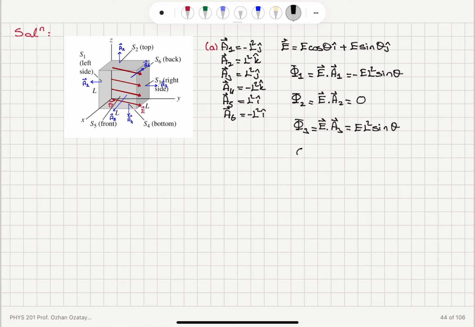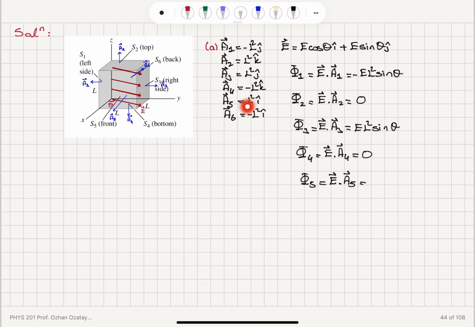The fourth face, phi 4, is again in the minus k hat direction, so the dot product will give me 0. The electric field dot A4 is 0. For the fifth face, phi 5, I have the electric field dot A5.